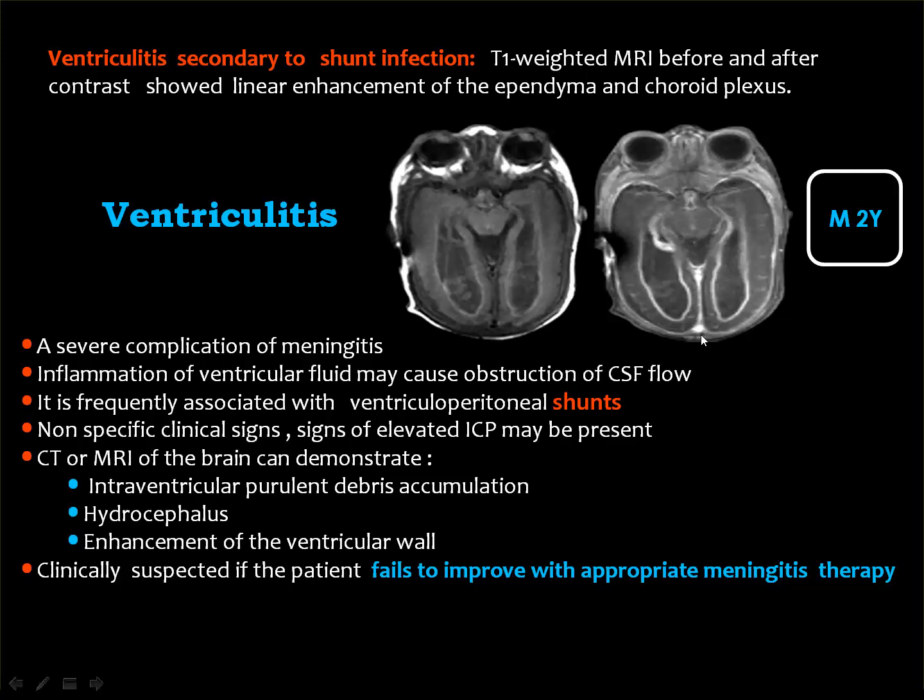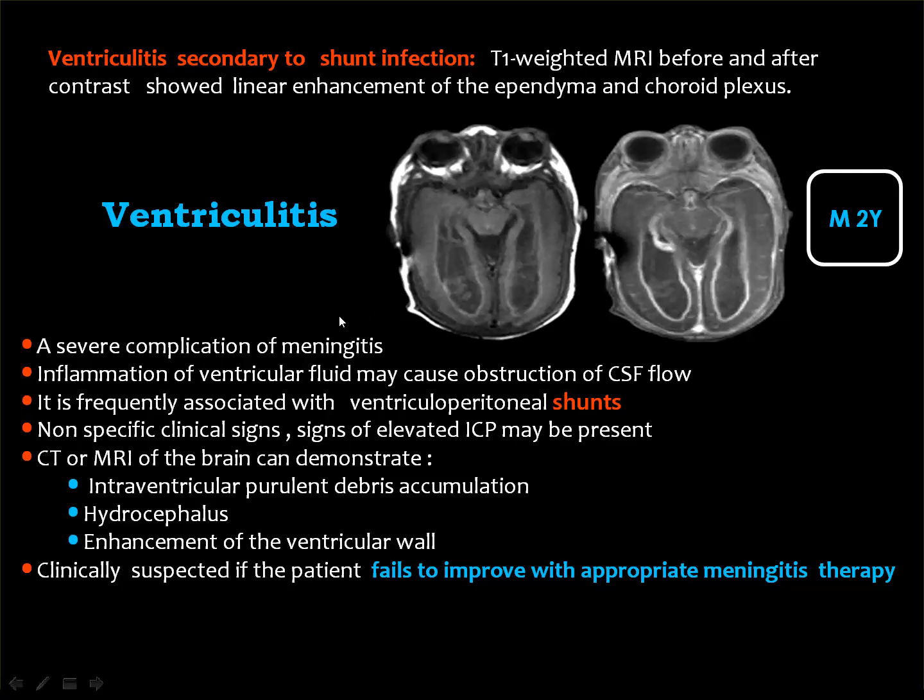Ventriculitis is diagnosed whenever you see that the ventricular wall is enhancing, similar to an abscess, and the fluid inside the ventricle is no longer similar to the CSF, because it contains inflammatory debris and pus.